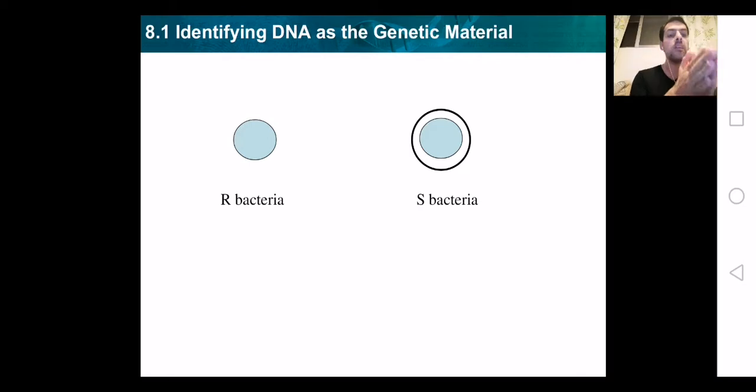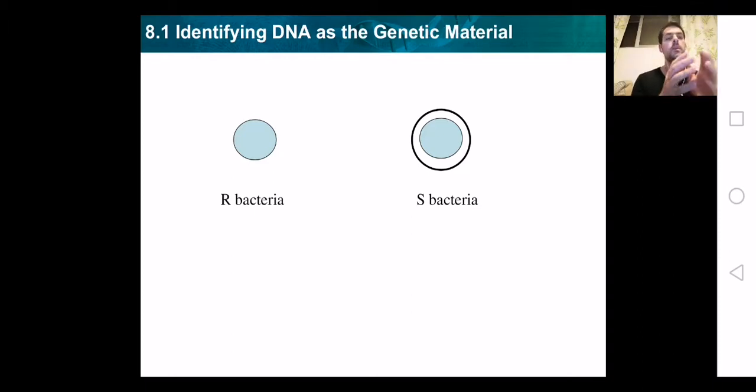But if S bacteria attacked a mouse body, the immune system of the mouse will find a very difficult situation, will find difficulties to attack and kill this S bacteria.